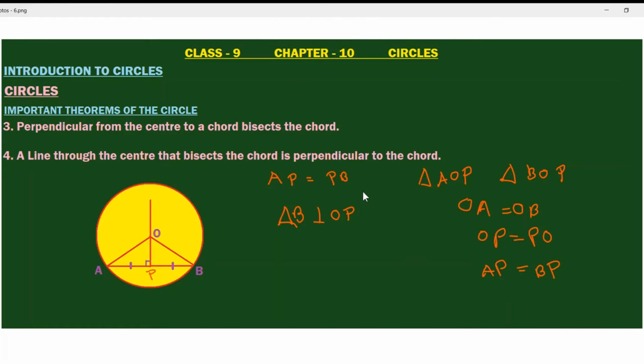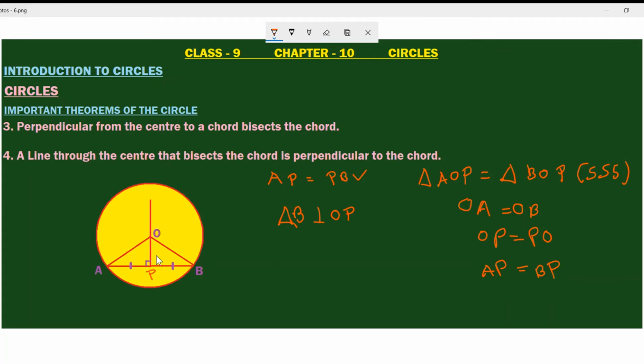They have given that in the theorem. So according to the SSS rule, because all the sides are equal to each other, we can prove these two are congruent triangles.